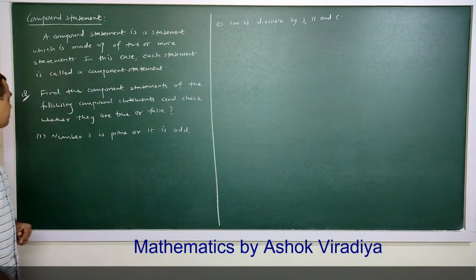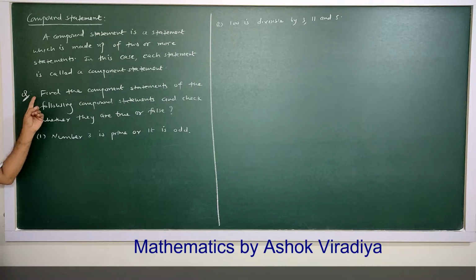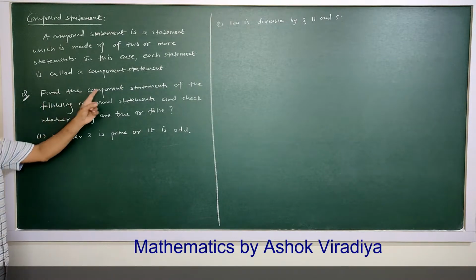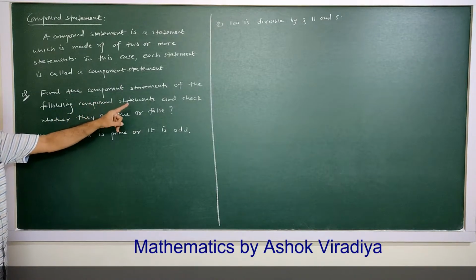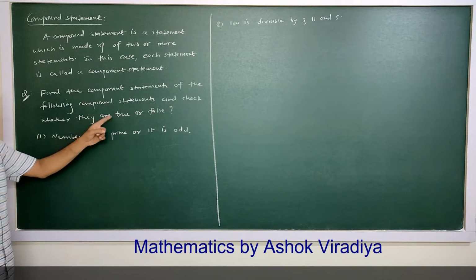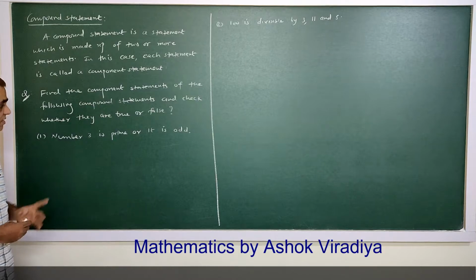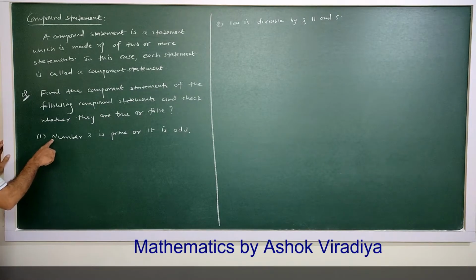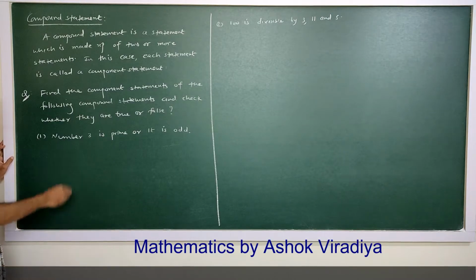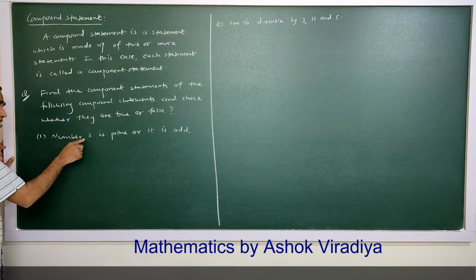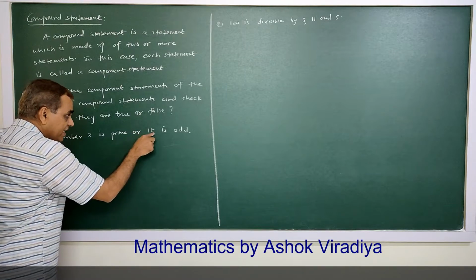Say here, the question is: find the component statements of the following compound statement and check whether they are true or false. Here this is the compound statement: number 3 is prime or it is odd.